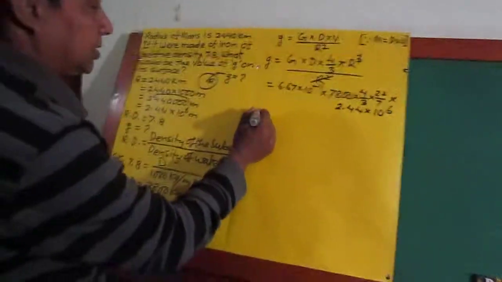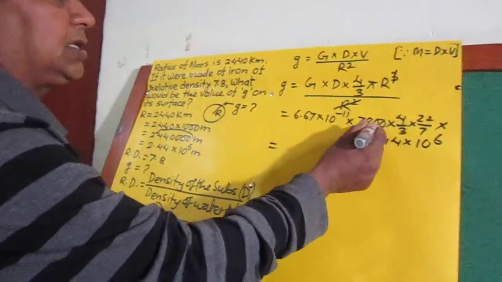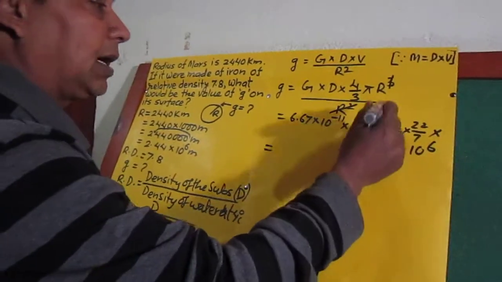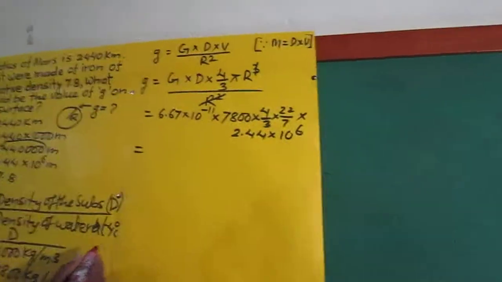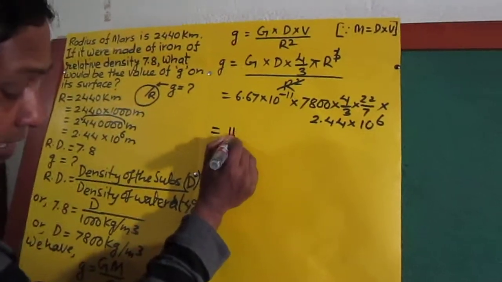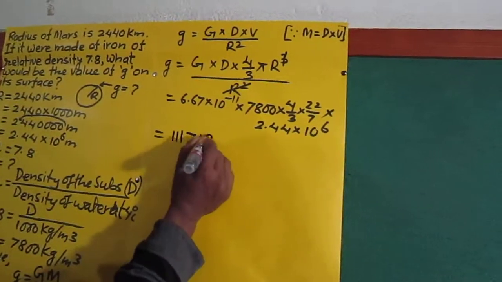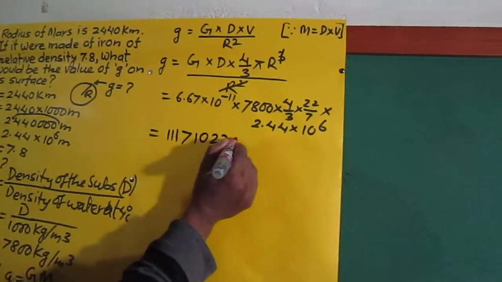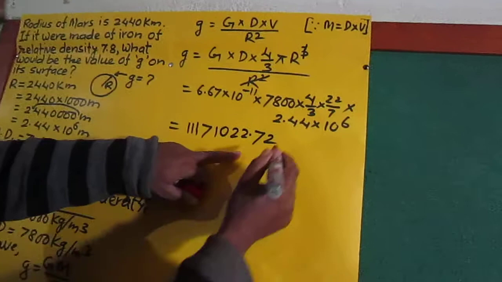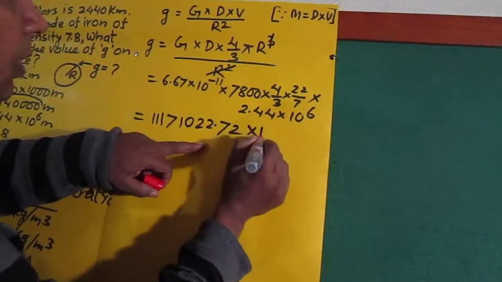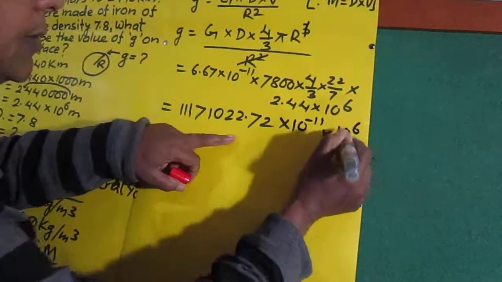Now next step will be 6.67 multiplied by 7800 multiplied by 4, again multiplied by 22, again multiplied by 2.44 gives 111,022.72. If we use a calculator, we can get this value, into 10 to the power minus 11 is left, into 10 to the power 6 is left.